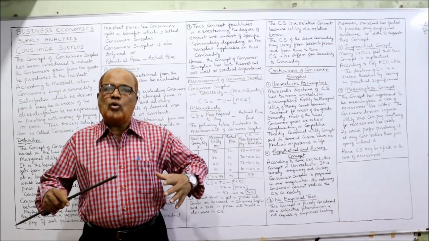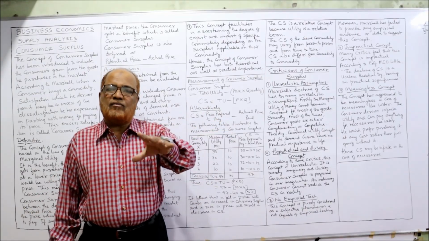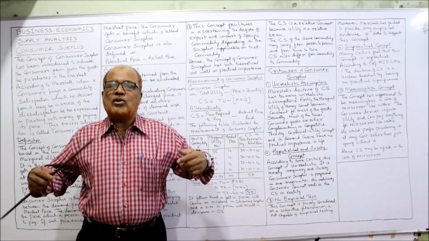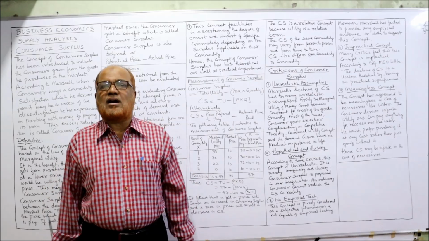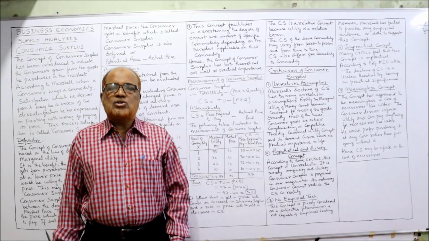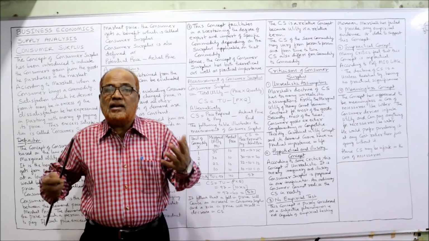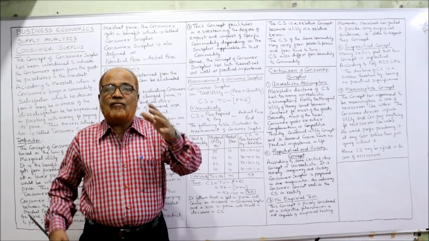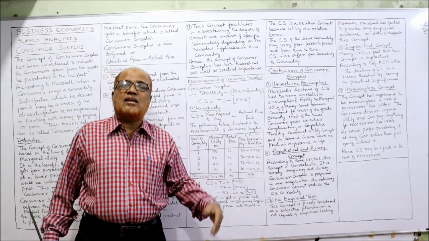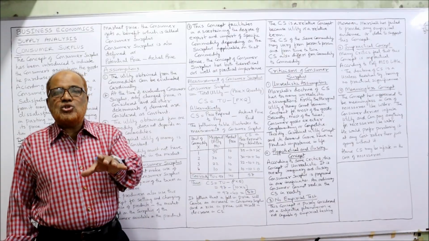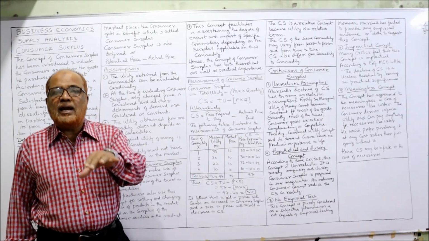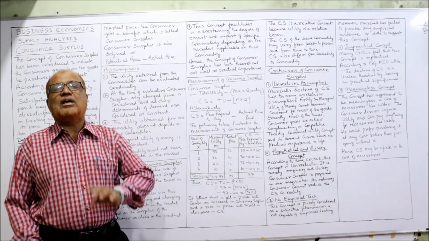For example, we have two brands of cars, X and Y. We can say I'll get more satisfaction by driving X car rather than Y car. So we can say our satisfaction is a relative term. We are comparing one commodity satisfaction with another commodity satisfaction. So consumer surplus is also a relative term because utility is a relative term.